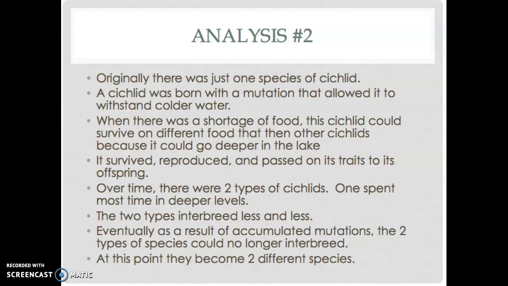And so if that cichlid is born with one single mutation that allows it to go deeper in the water where the water's colder, then they would be more successful and they would have more food that the other fish didn't have. And so really over time, you get to that point where you have DNA that no longer matches, and that's when we say speciation has occurred. So I think that's a really good question, and I thought that the cichlid example is a really good way of going back to examine that.